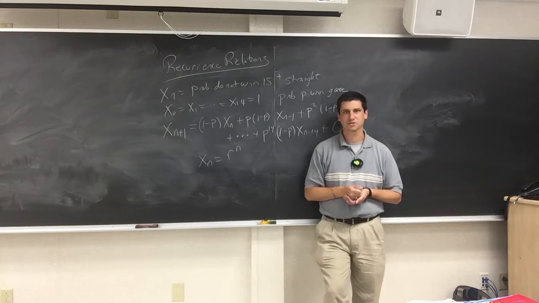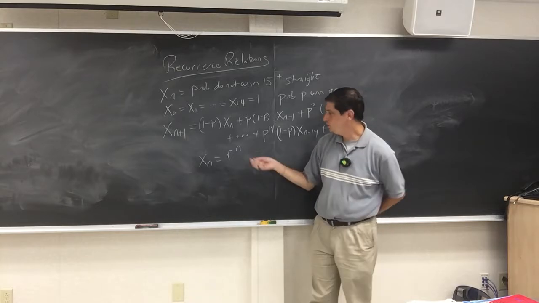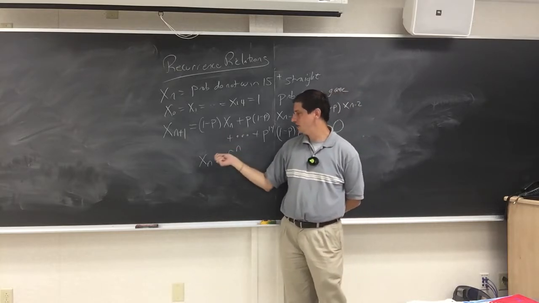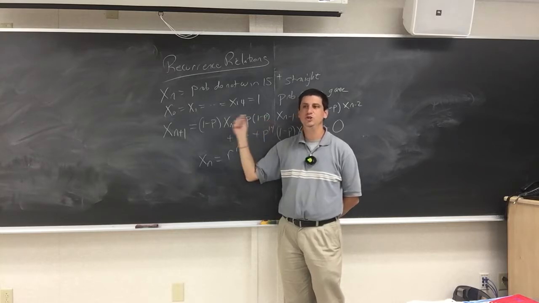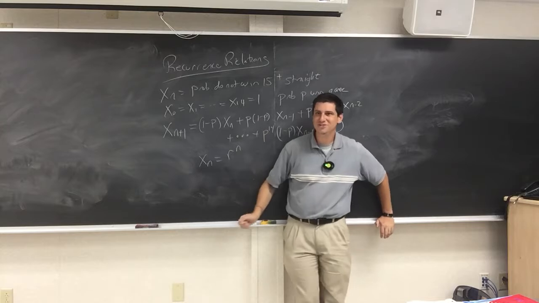How can we solve this? So you could use the characteristic polynomial. R to the n is going to satisfy a certain polynomial equation. You will have like 14 or 15 roots to that. You will then have to figure out your linear combination.